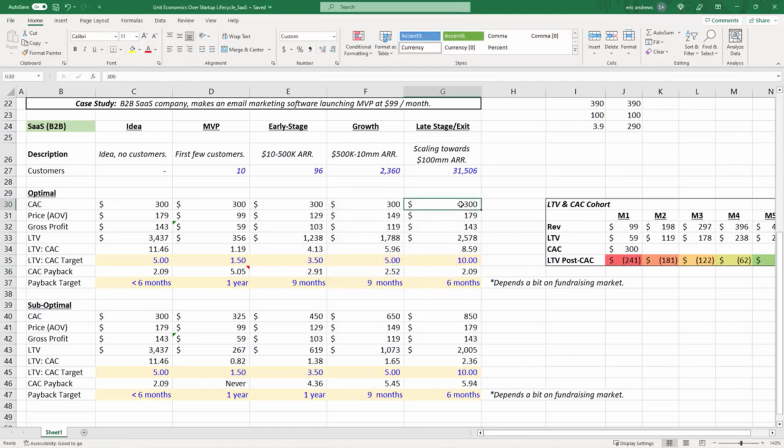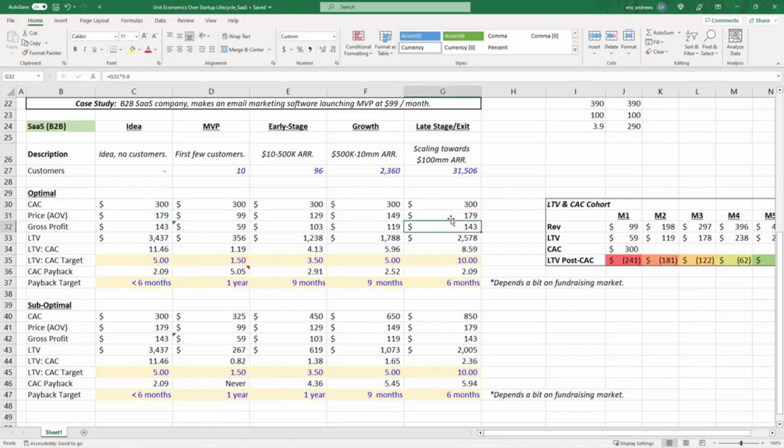And finally, as we move towards the late stage and we increase the business another sort of 10 times, we're saying that the CAC is similar. Let's say we're getting a lot of referrals. We've started a big referral program. We're getting a lot of organic traffic. So we've been able to keep our CAC low, increase the price to the original $179 that was in our idea.